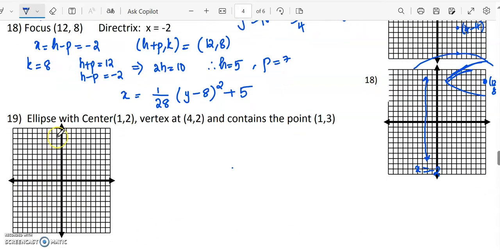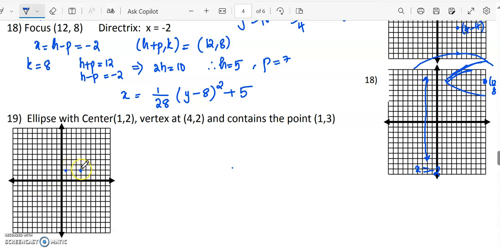Next we need to find the equation of an ellipse with center at (1, 2) and vertex at (4, 2), and that contains the point (1, 3). So the center will be at (1, 2), and the vertex will be at (4, 2).